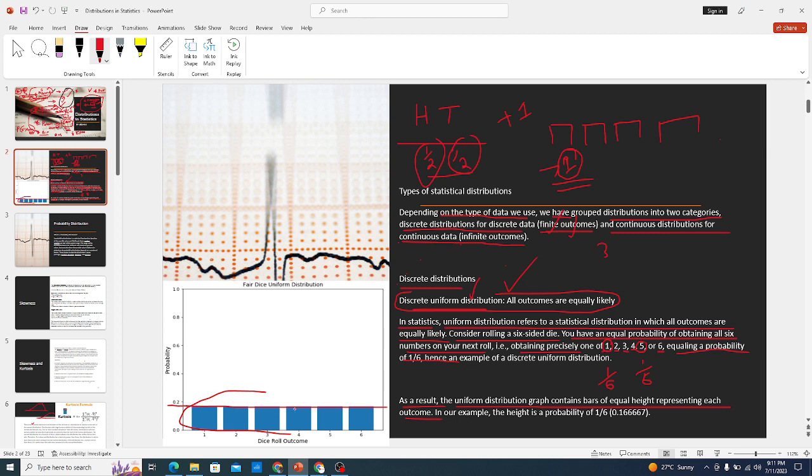So you can see we have a uniform distribution of the possible outcomes in this kind of distribution. Nice. Most of the time, people confuse distributions with graphs. When you see a bell-shaped curve like this, you know this is a normal distribution.